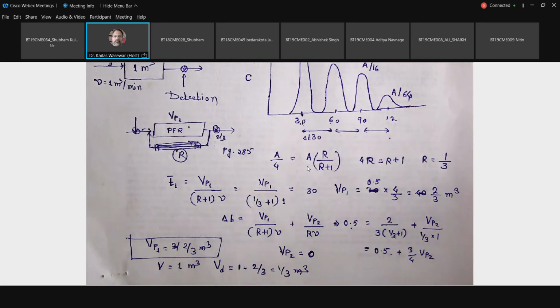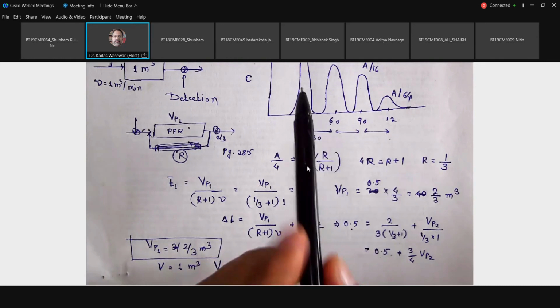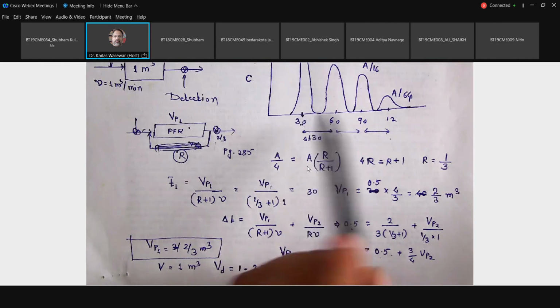That means effectively, only 2/3 of the volume is useful, and partially it is a kind of mixed flow because the whole of the tracer is not coming in one shot at the exit.